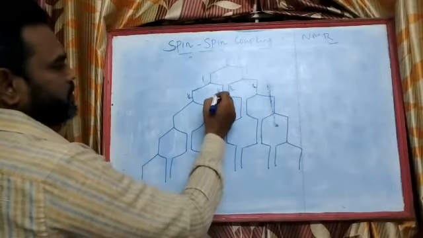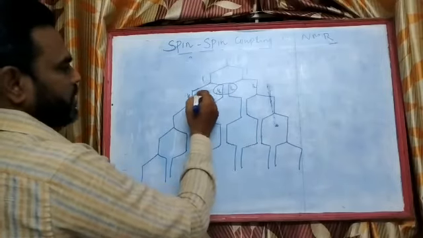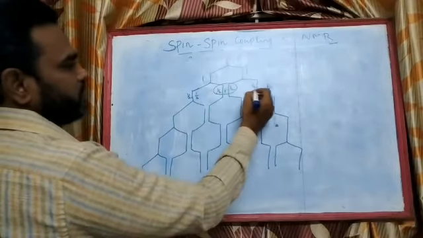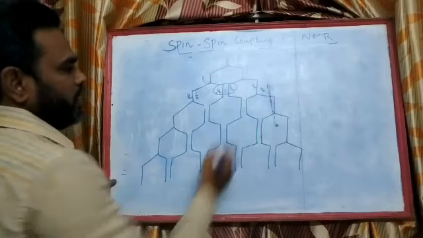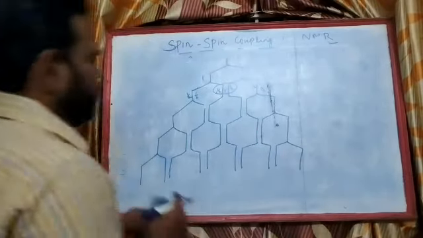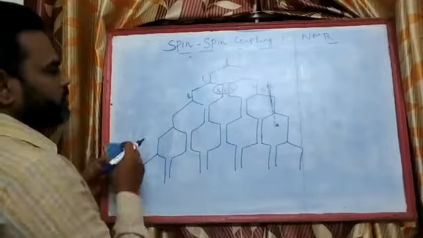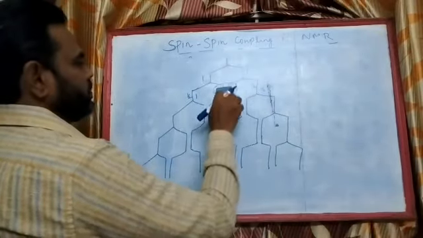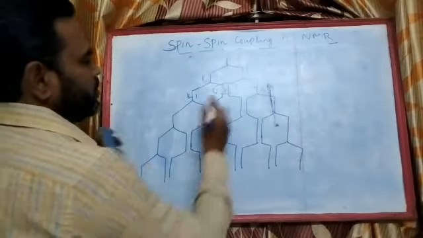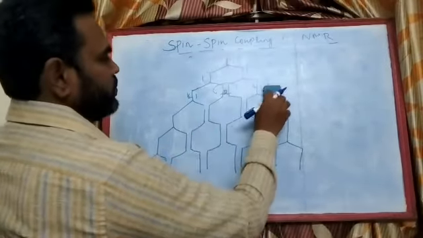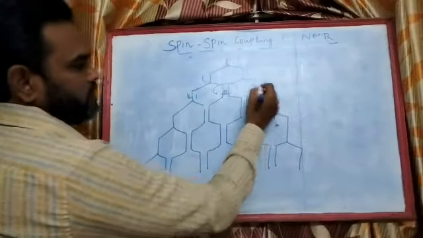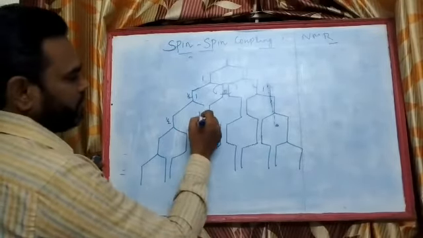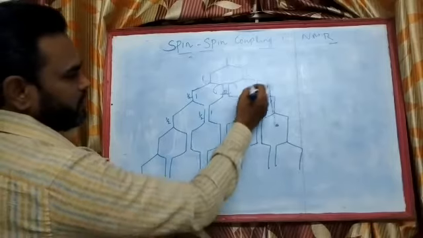So these two can combine to become 1. So 1 by 2 is to 1 is to 1 by 2, or I can say this as 1 is to 2 is to 1.